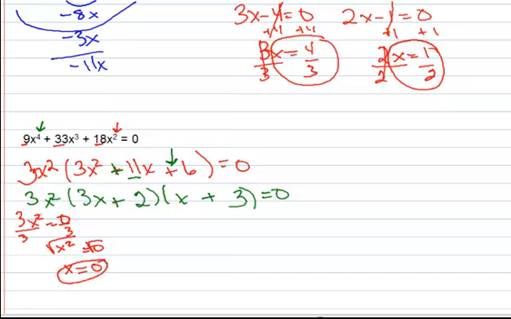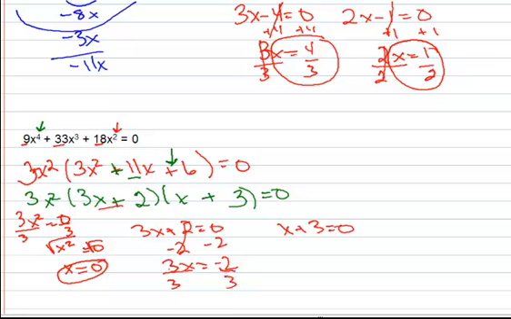And then we'll take each of these other factors. 3x plus 2 equals 0, and x plus 3 is equal to 0. Solve. And last, of course, dividing out that coefficient. There's my second solution. Getting that variable alone. And there's my third solution.